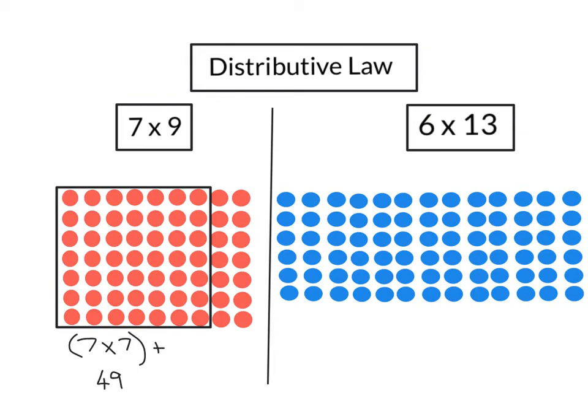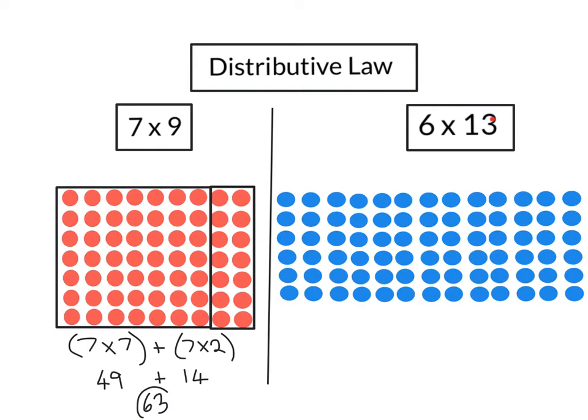So 7 times 2, which is this bit here, which is 14, and 49 add 14, so I could do 49 add 10 is 59, add 4, 63. So I can use what I do know to figure out what I might have forgotten. So I've split that 9 into 7 and 2.